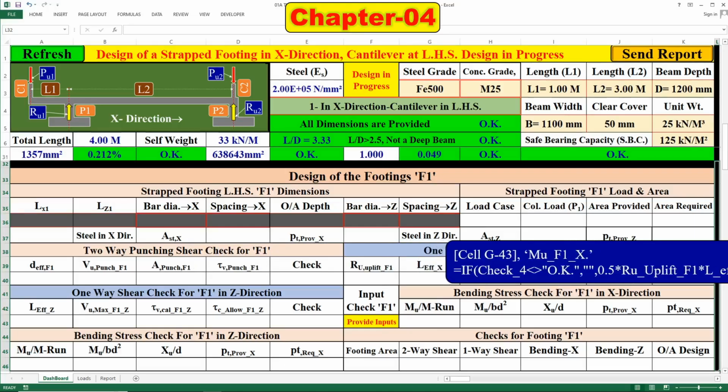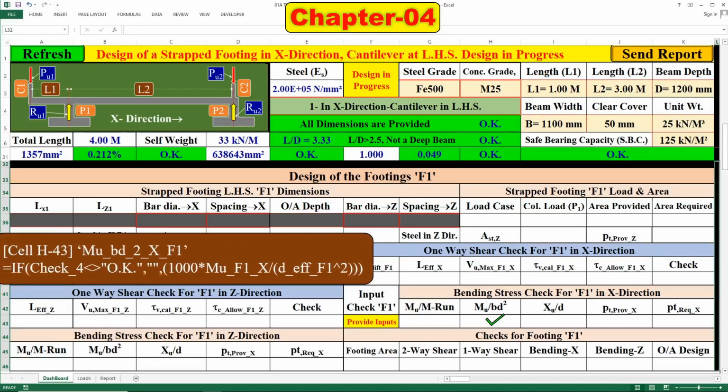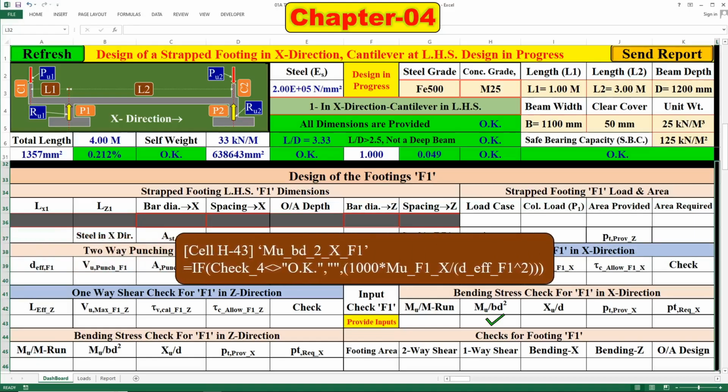Now, it's time for cell H43. The defined name of the cell is mu_BD_2_X_F1. Here, we will calculate the value of the ultimate moment divided by BD_2, or the bending stress parameter, for footing F1 in the X direction.